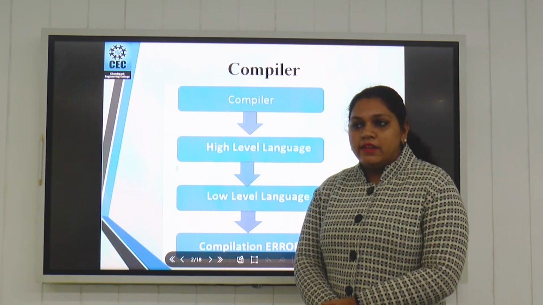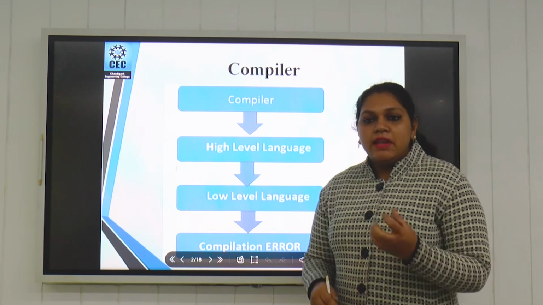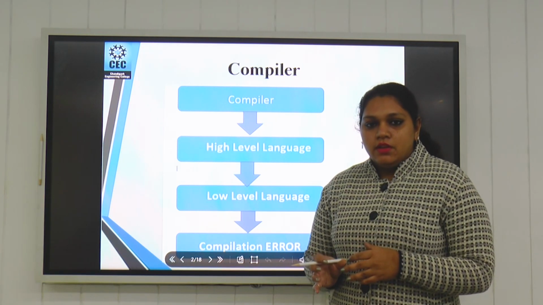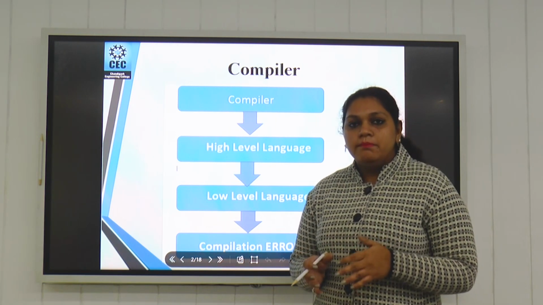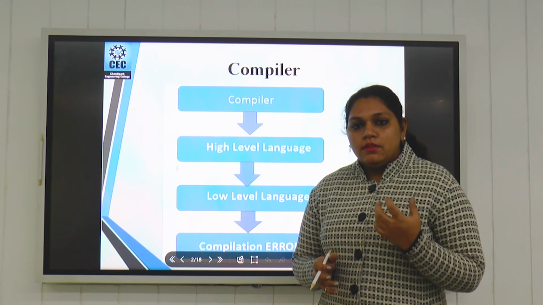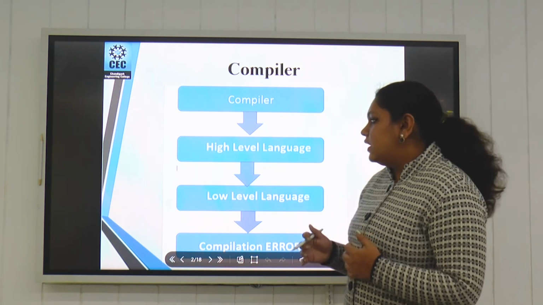Now, what is high-level language? By the term high-level language, we mean basic programming language, English-like language. The main problem is that we human beings understand the English-like language, but the computer doesn't understand the same language.